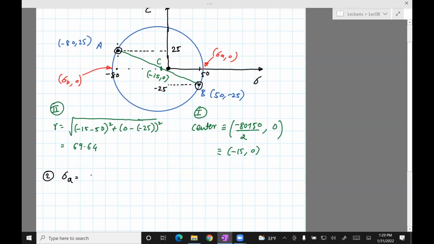So sigma A is, let's call the center sigma bar. So sigma bar plus R, which would be minus 15 plus 69.64, and sigma B is sigma bar minus R, minus 15 minus 69.64.